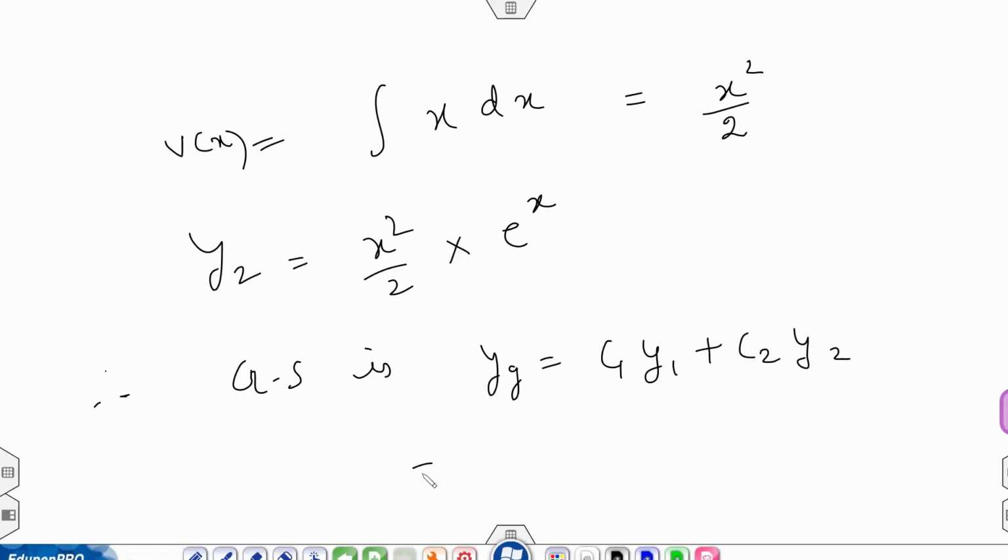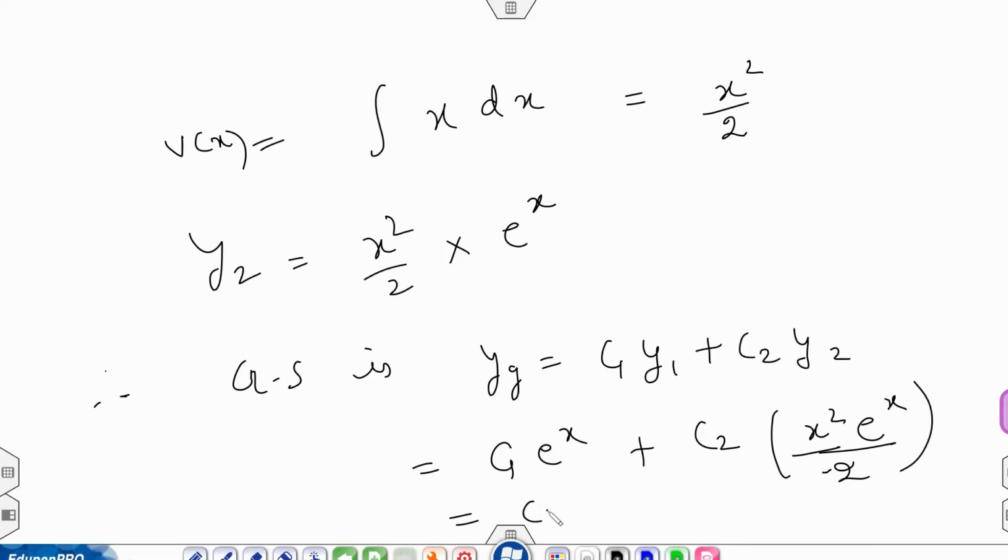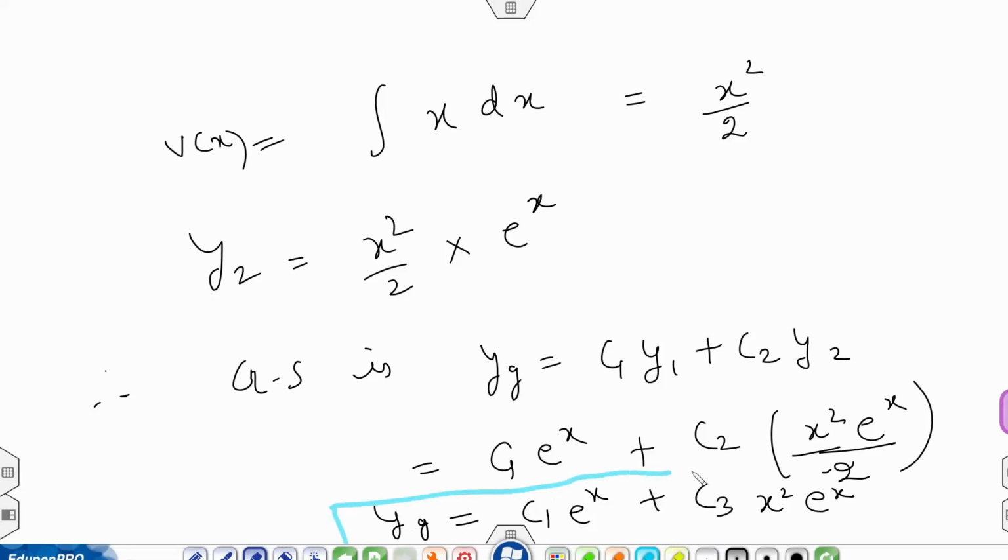This is equal to c1 e to the power x plus c2 x square e to the power x divided by 2, or you can just write c1 e to the power x plus some other constant times x square e to the power x. This is your y_g. Now again you can check that this y1 and this y2 are linearly independent. So we have written the general solution of the homogeneous differential equation like this.